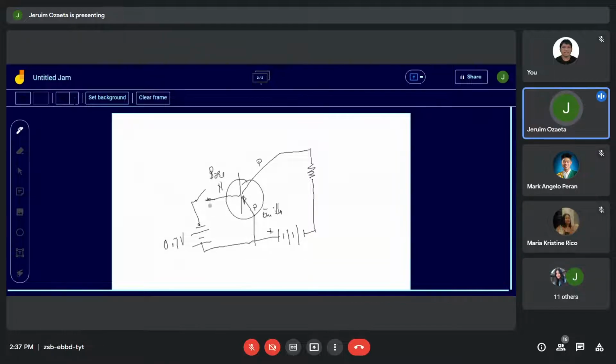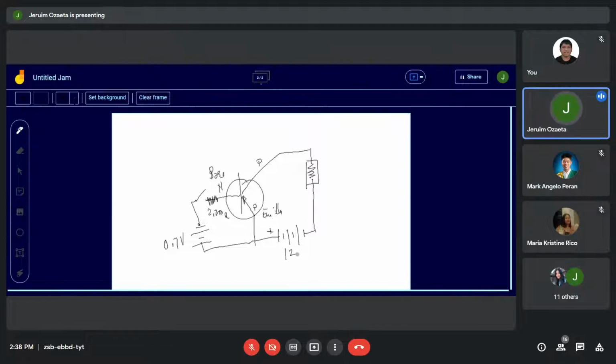So in this case, let's say the input resistance at the base is 1,000 ohms, let's say 2,200 ohms, how much current will be present? That's a very small current, right? A very small current will trigger a bigger current coming from another source, the battery.